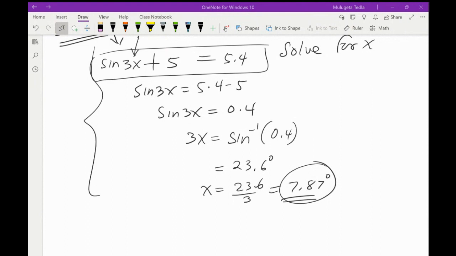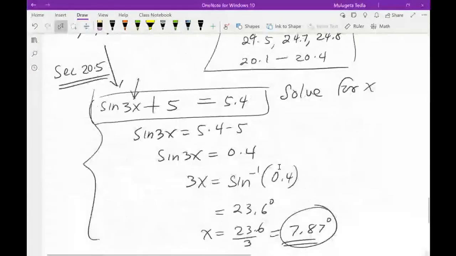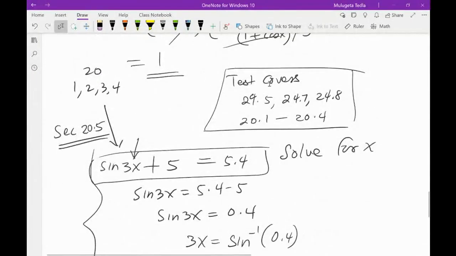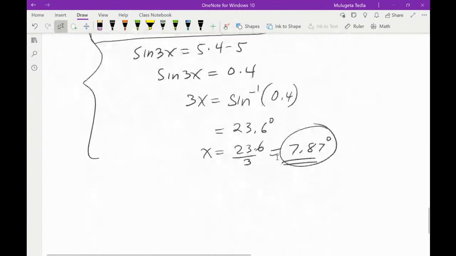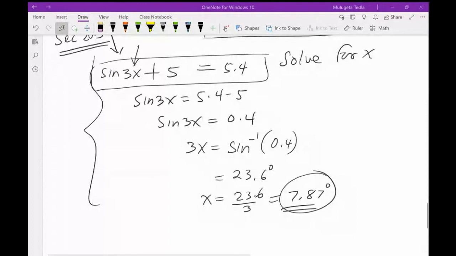But I have decided now that I cannot include it on the test. So the sections covered are listed here in the box. Thank you so much. If you have questions, let me know. But I'm done for today.